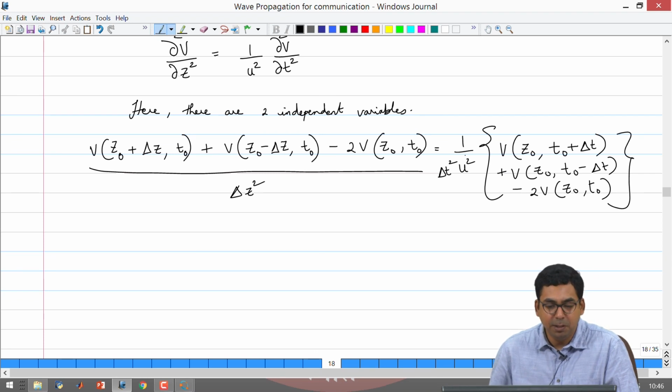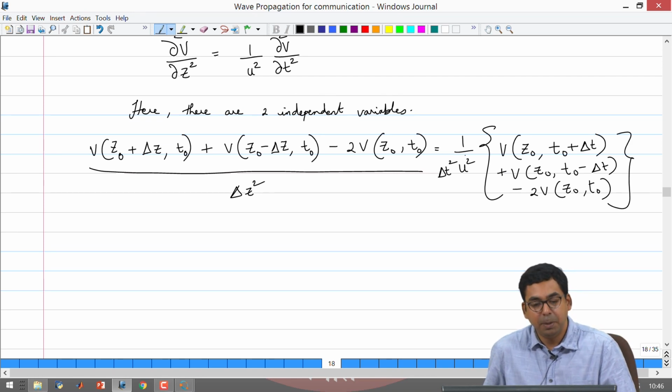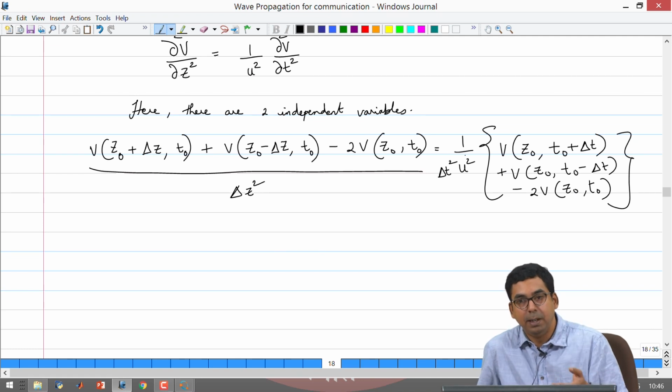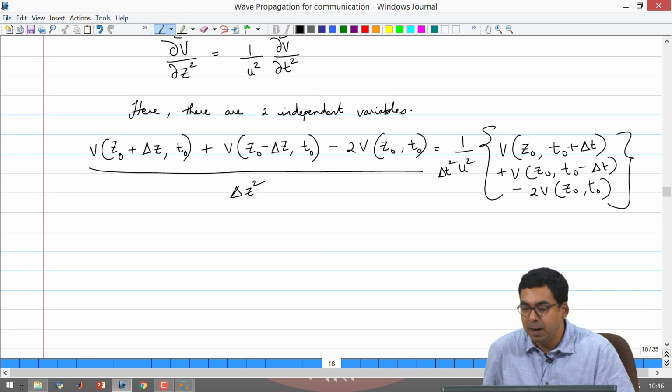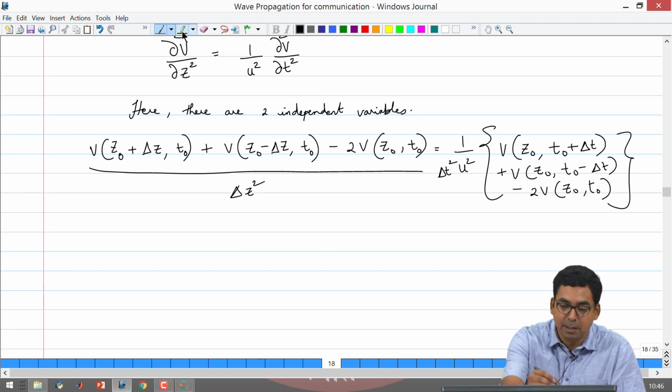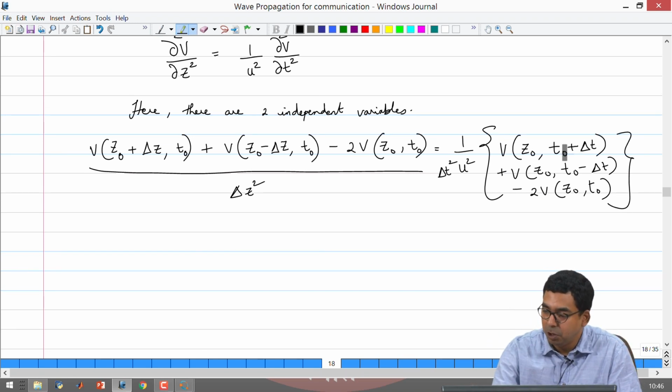Okay. Once you do this, you need to identify what is the unknown. In all these problems, there are some simple ways of estimating what is the unknown, alright. The simplest guideline that I can provide is in the wave equation, the right hand side is a derivative with respect to time, and if you look carefully on the right hand side, you have voltage to be found at t naught plus delta t.